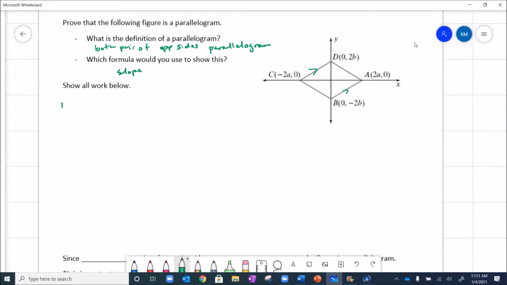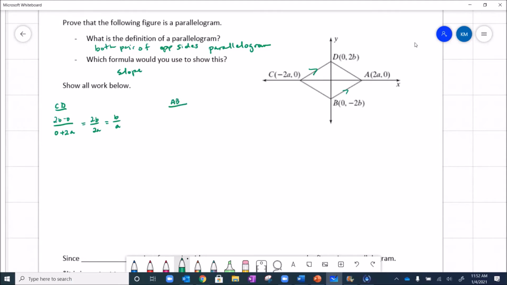So let me do that here. What is the slope of CD? I'm going to do y2, 2b minus y1 over 0, and I'm going to say plus 2a because it's minus negative 2a. So 2b over 2a, which equals b over a. That's the slope. Then I'll do the same thing for AB.